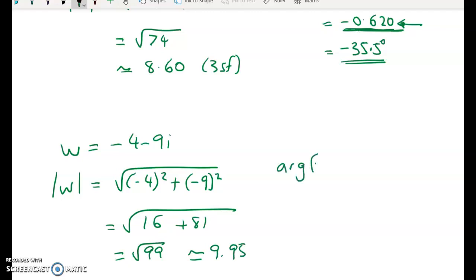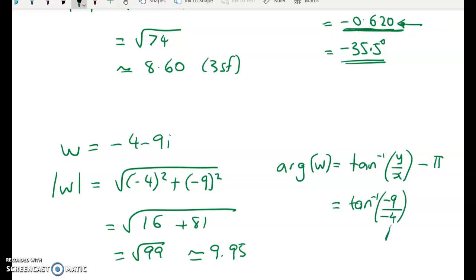And the argument will equal tan inverse of y on x, and then minus pi. So let's see why that's got to happen. Well, when you put negative 9 over negative 4 in here, the calculator is of course going to calculate that as 2.25. So we're down here, but the calculator thinks that we are up here. So the value we get back is this one.